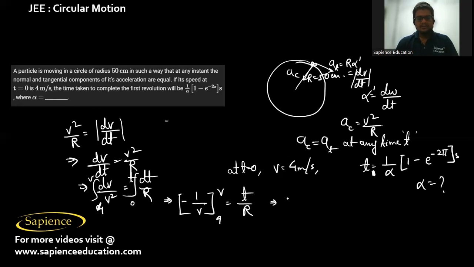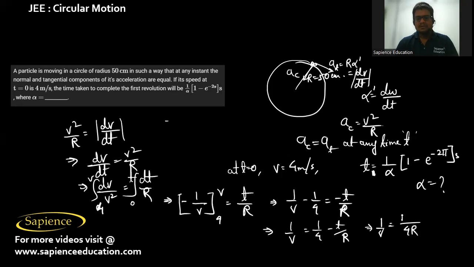So it means that it will be 1 by v minus 1 by 4 is equal to minus t by r. Therefore, 1 by v is equal to 1 by 4 minus t by r. Therefore, 1 by v will be equal to 4r and this is r minus t.